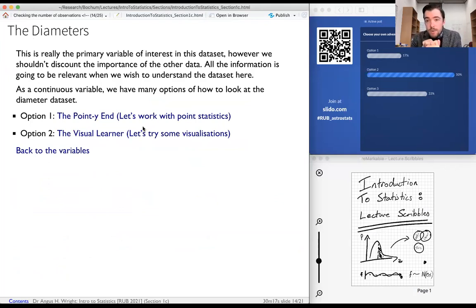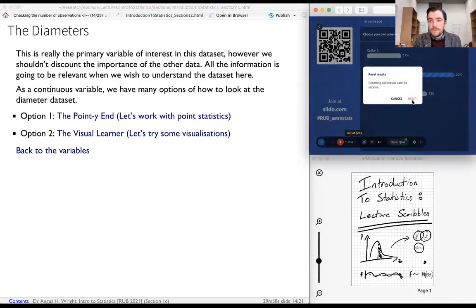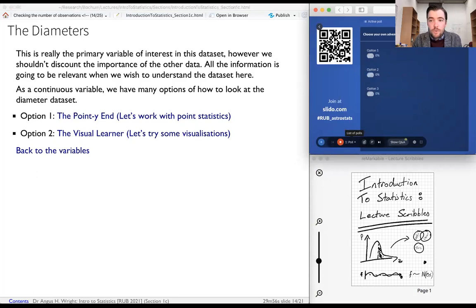Now, because we now have a numeric data set, we can start to ask questions about whether or not we want to go with looking at point statistics and dispersion statistics in number, or whether we want to do things visually. So if we go back here, I'm going to reset the poll once more, and you can vote for whether you want to go through option 1 or option 2, whether you're interested in working with point statistics or you're interested in learning via the visualizations.